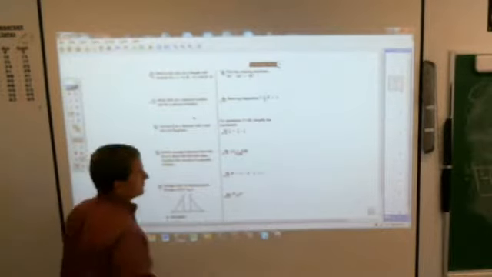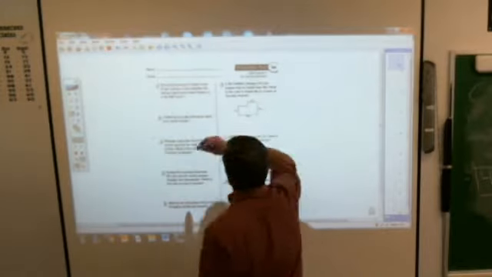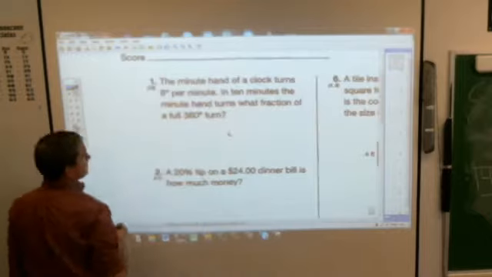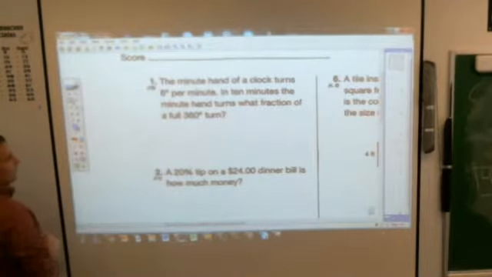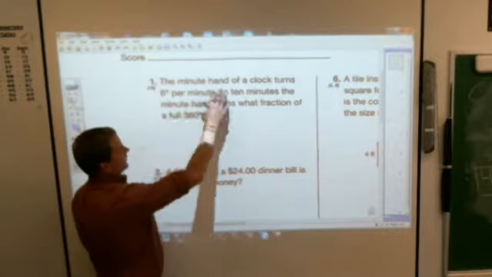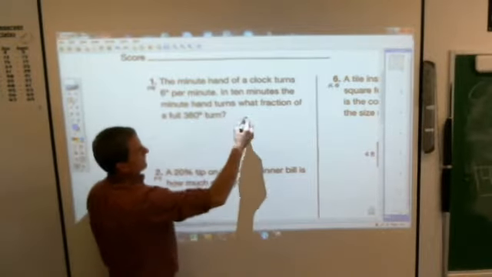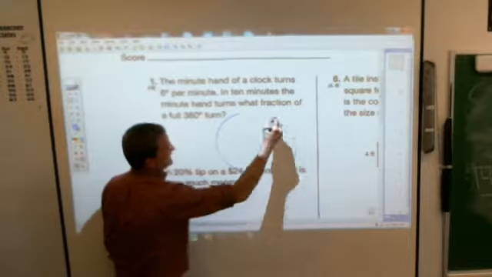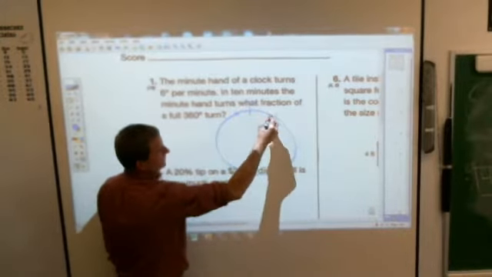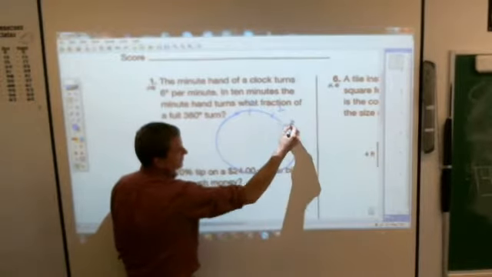Number 1, boys and girls, was the question on the proverbial table. And here is the deal for number 1. If I were a 7th grader, first of all, a minute hand of the clock turns 6 degrees per minute. So if you have a clock, there's the 12 up here, and then the 1, the 2, and the 3.